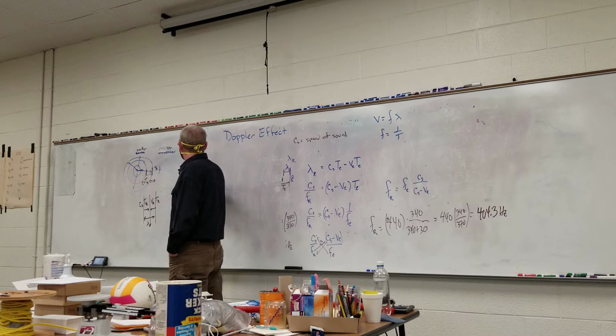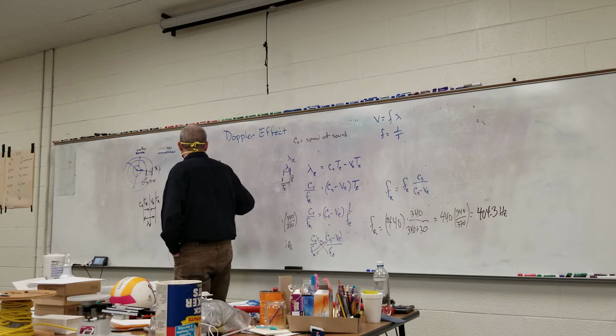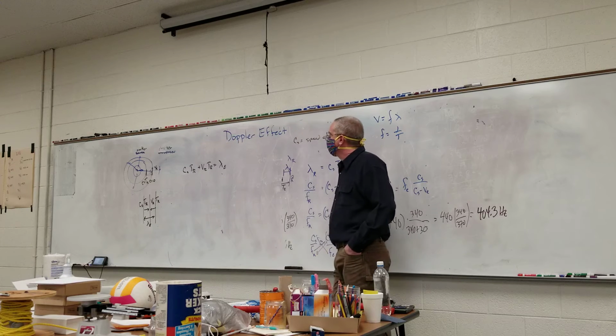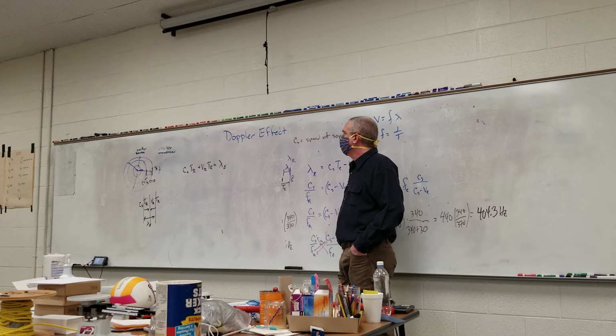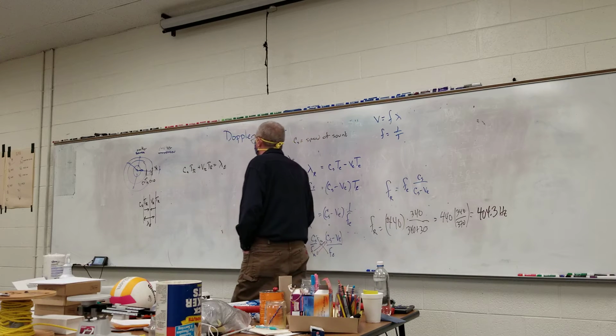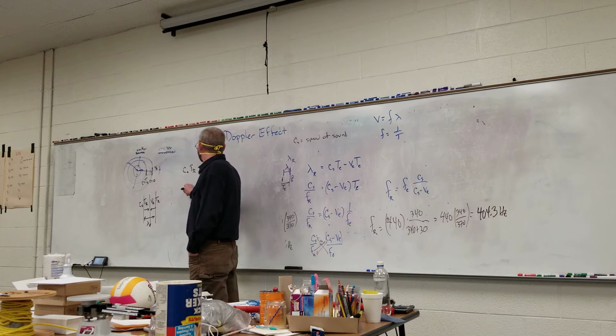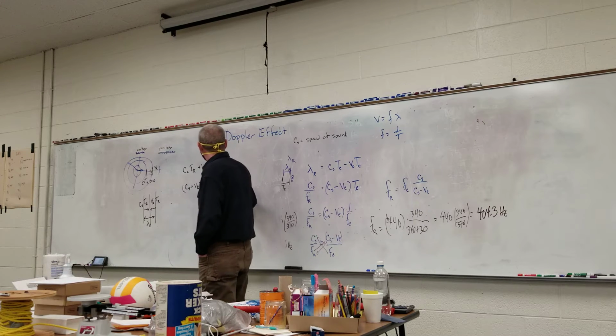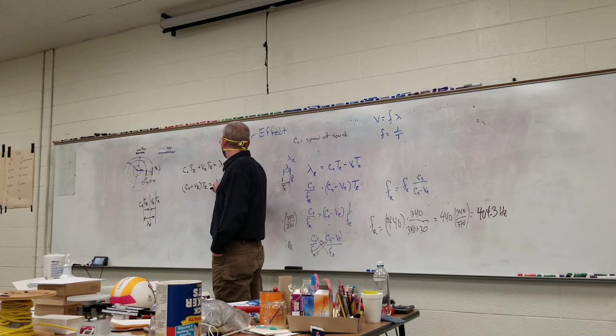So C sub S T sub R plus V sub R T sub R equals lambda sub E. So (C sub S plus V sub R) times T sub R is equal to the speed of sound divided by the frequency from the emitter's point of view.